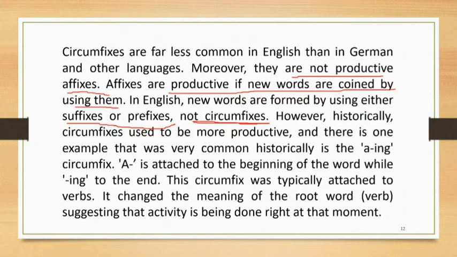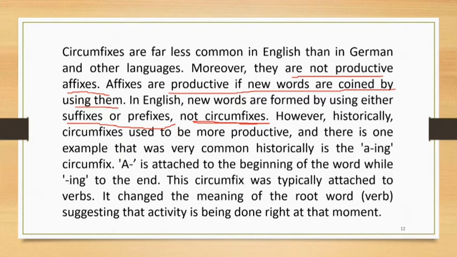So this circumfix was very common historically. A is attached to the beginning of a word, while ing is attached to the end. This circumfix was typically attached to verbs.